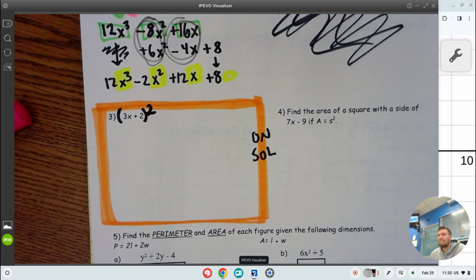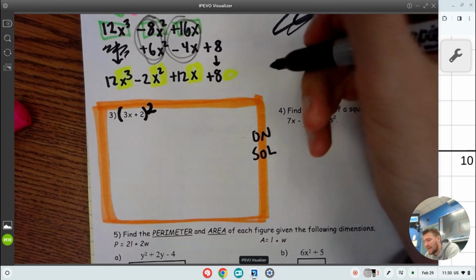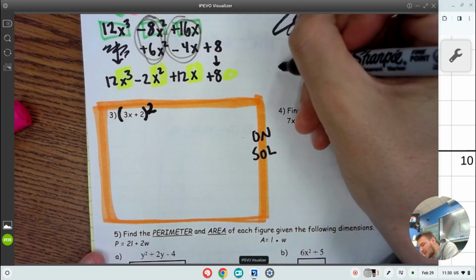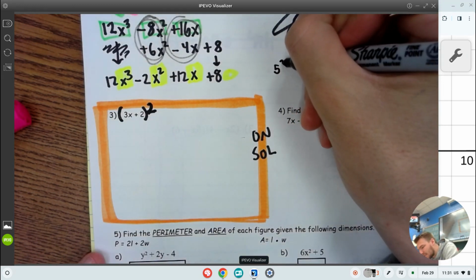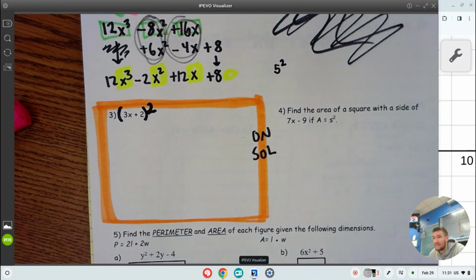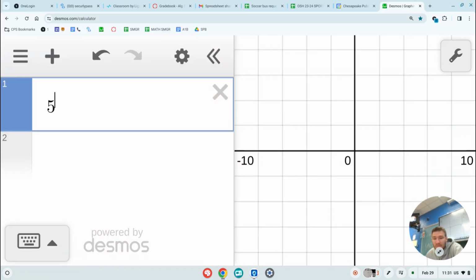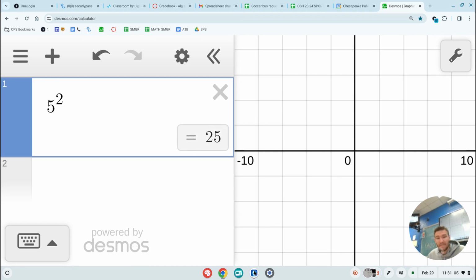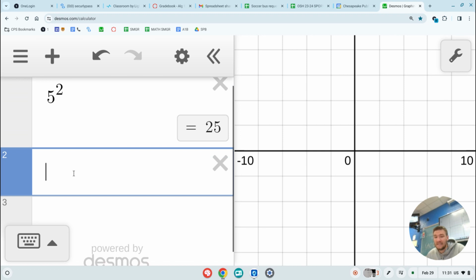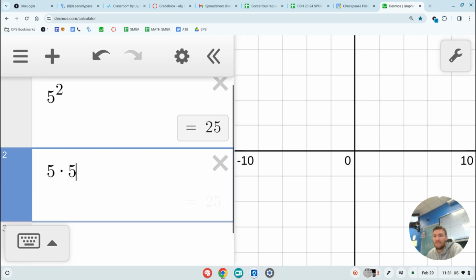Now, in order to do this question, you have to know, what does squared even mean, right? So if I do this, does anybody know what 5 squared is? So I heard a couple people say it, right? First of all, 5 squared is 25. And the reason it's 25 is because 5 squared means 5 times 5.